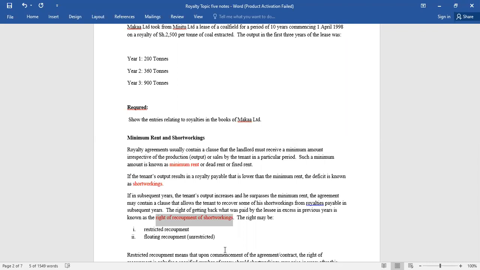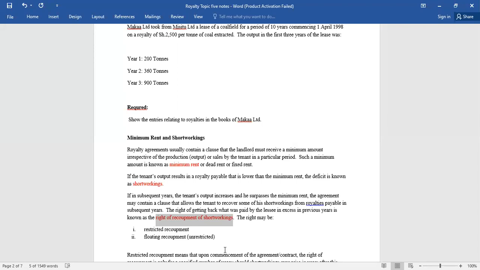Now, under the floating rights, or what we are calling the unrestricted, the recoupment clause will allow the tenant to recoup the shortcomings in any subsequent years, irrespective of the year of the shortcoming. So in this case, it's not restricted. It's very unlikely that you are going to get that kind of lease unless the landlord is not in any business.